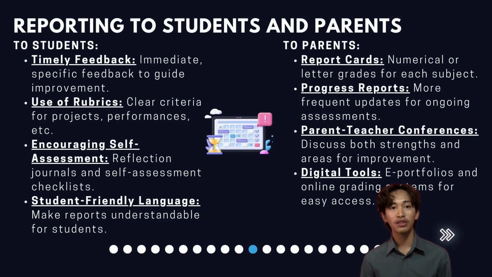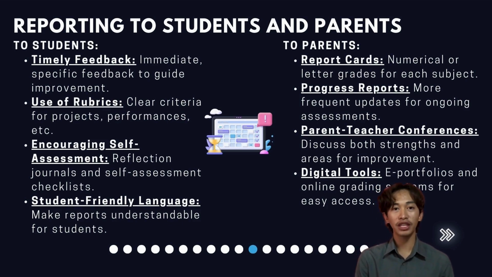The fourth one under reporting to students is student-friendly language. Example, understandable reports. When communicating grades and feedback to students, use clear and student-friendly language. The focus should be on improvement and learning rather than just the grade itself.